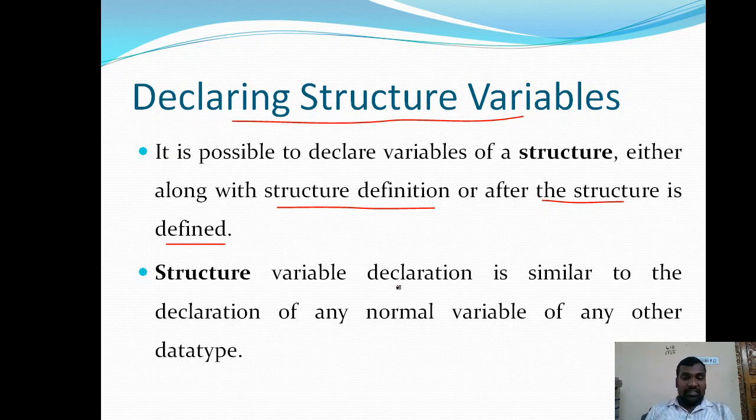Structure variable declaration is similar to the declaration of any normal variable of any other data type. So for example, if I want to declare a variable a of integer type, how can I declare it? a is the variable name, and this variable is of integer type, right? In this way I define normal variables.